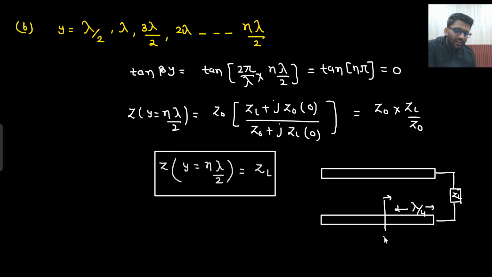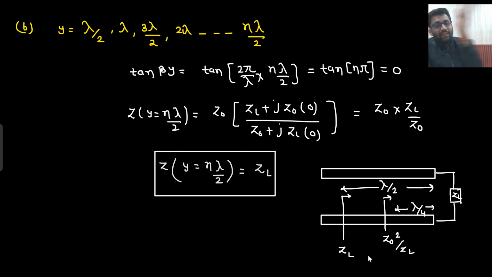That inversion would be Z0 square by ZL. But if I work for another lambda by 4, that means in total I have worked for lambda by 2, then the same expression I will be getting. That means after lambda by 2, the same thing is repeated. And after every lambda by 2, this will be repeated.